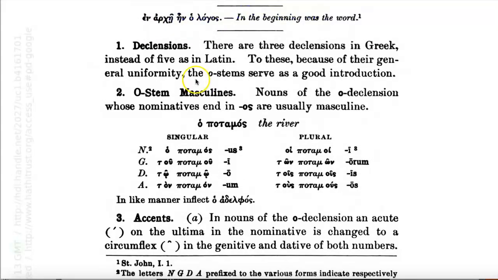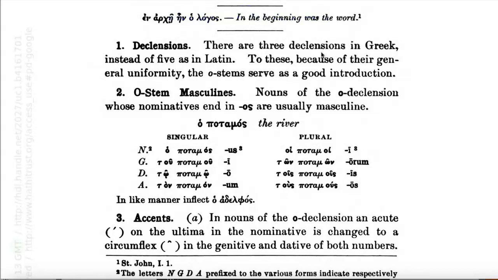First paragraph, declensions. There are 3 declensions in Greek instead of 5 as in Latin. To these, because of their general uniformity, the O stems serve as a good introduction. Okay, let's talk about a declension. What is a declension? Greek nouns change their endings much more than English nouns.